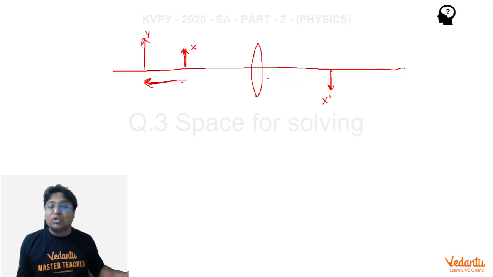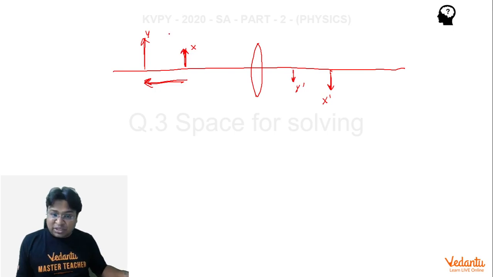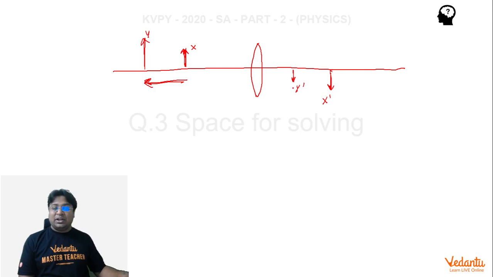So the image will come closer to the lens, and since we are looking for a real image, it will still be inverted. The image should be a diminished one, so the image that you get for Y would be smaller as compared to the image of X.